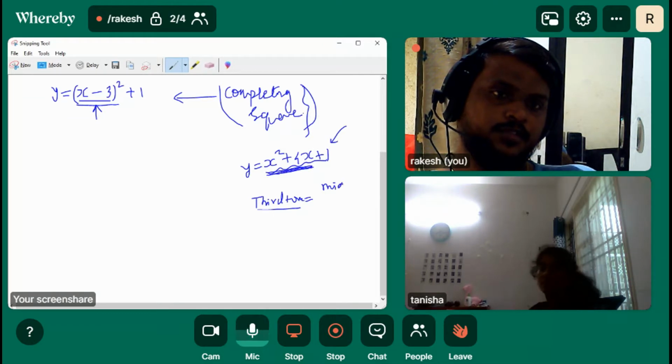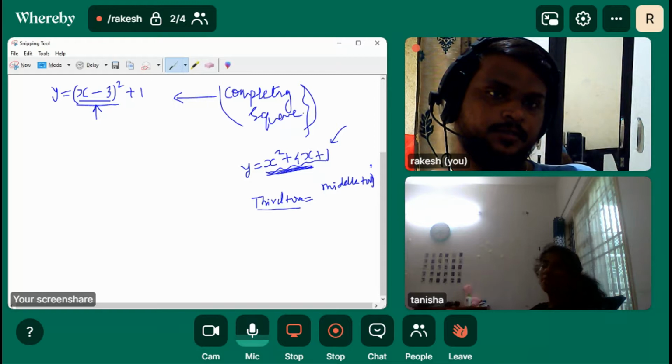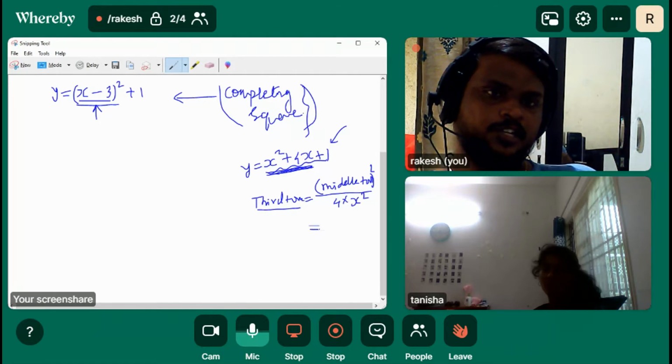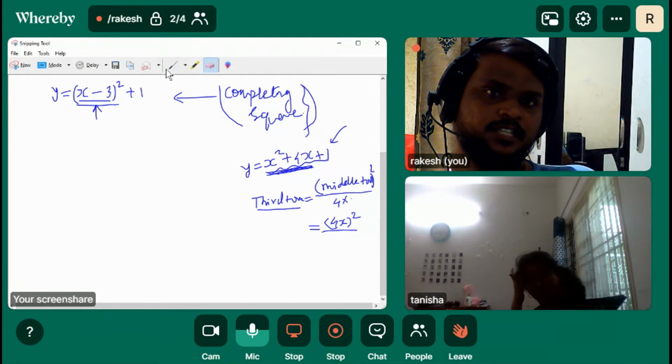The middle term is 4x, whole square, and 4 into the first term, which is x square.